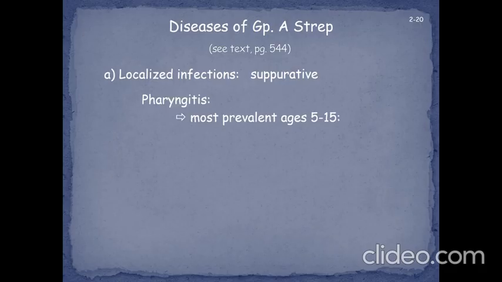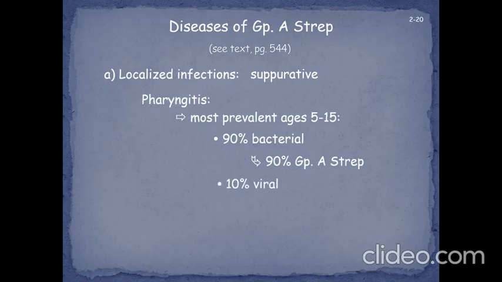Now, pharyngitis, I have a couple more notes on this, and the first one is that it's most prevalent ages 5 to 15. And when it shows up this way, it's 90% bacterial. Of the bacteria, 90% of those are going to be Group A strep, and 10% of those are going to be viral.